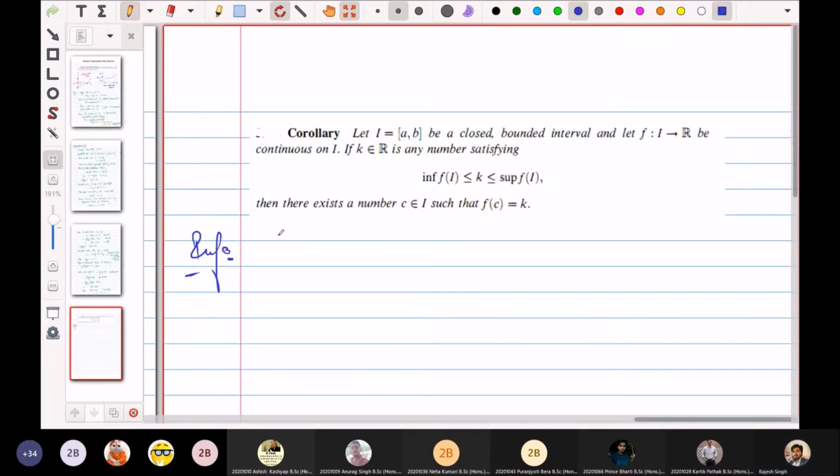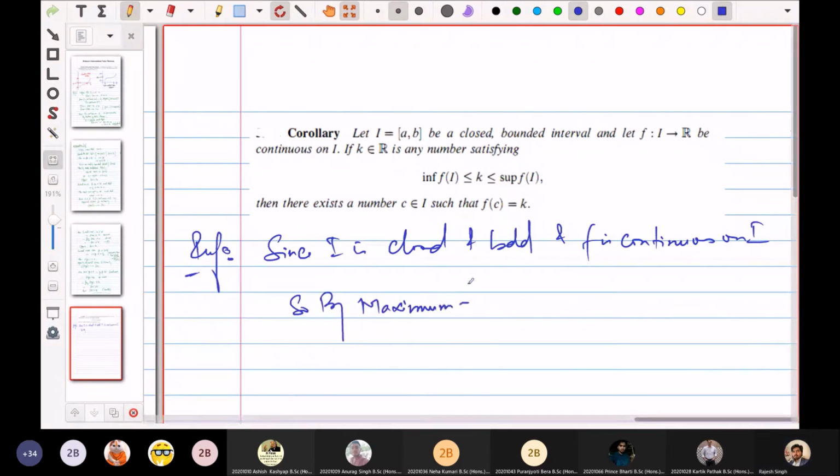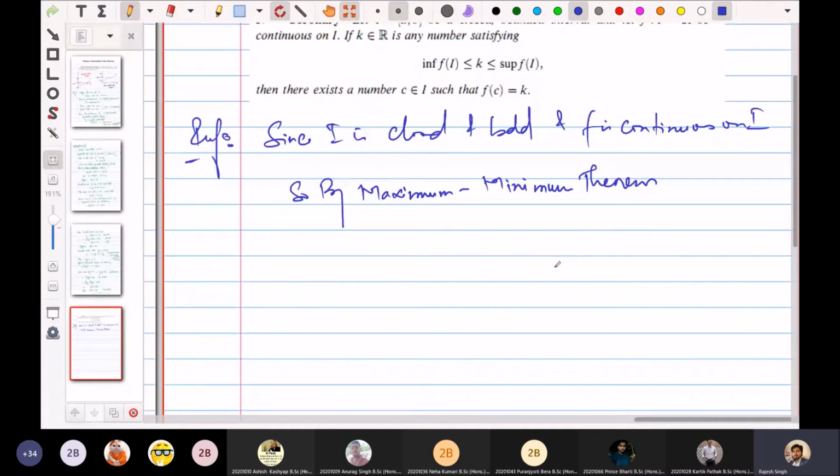So since I is closed and bounded and f is continuous on I, by the maximum minimum theorem, what will happen? What does the maximum minimum theorem say?